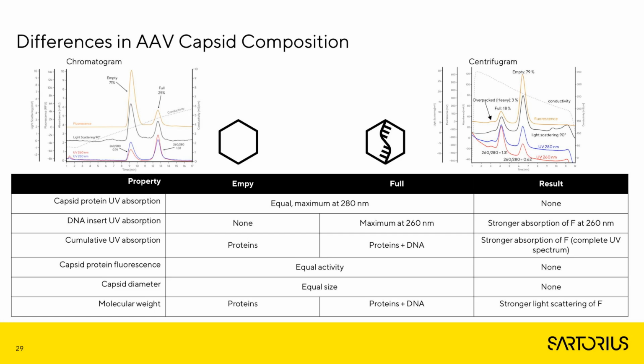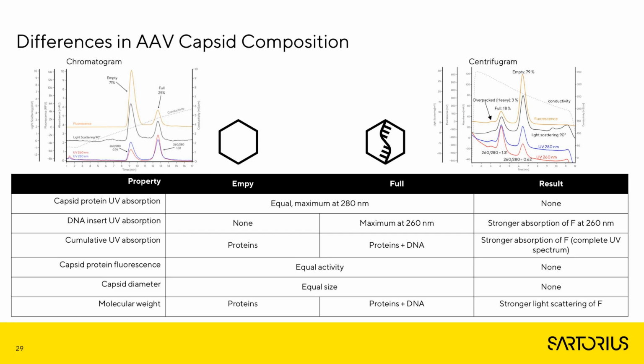If we look at the capsid fluorescence, there is no difference in composition between empty and full capsids, and if we assume that the DNA insert is not fluorescence active, that means that there shouldn't be any differences in fluorescence properties.